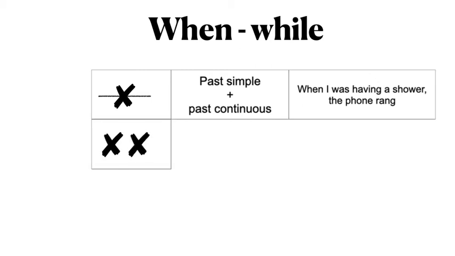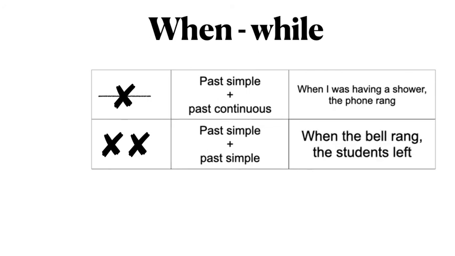The second instance is two crosses, that is, two actions in the past simple. Now, how do these actions relate to one another? If you see the example, when the bell rang, the students left. These two actions happen one after the other. The bell rings, then the students leave.